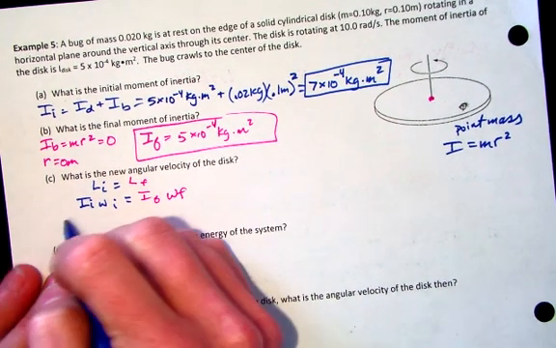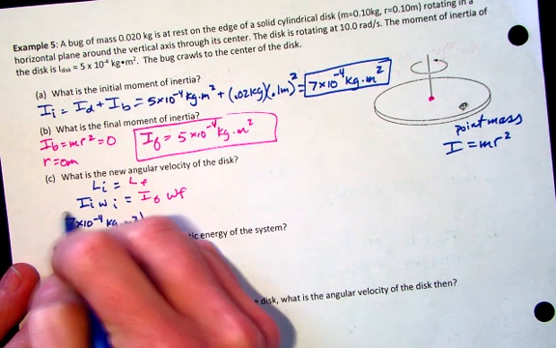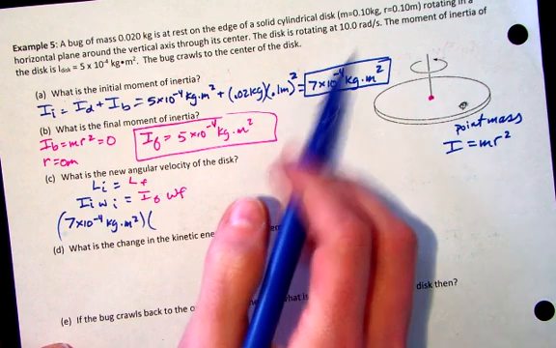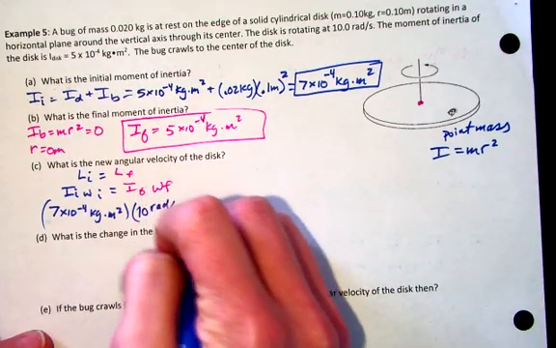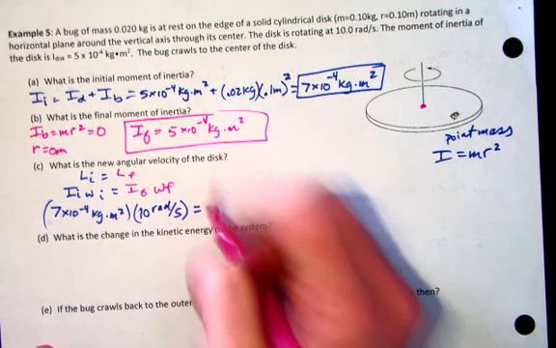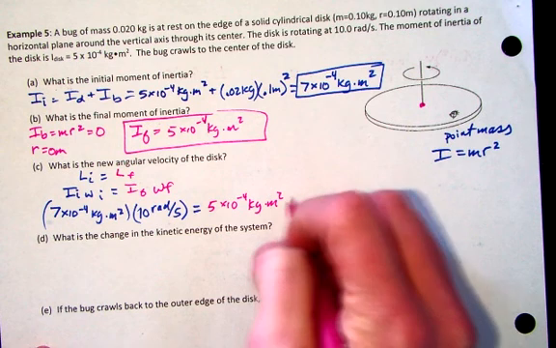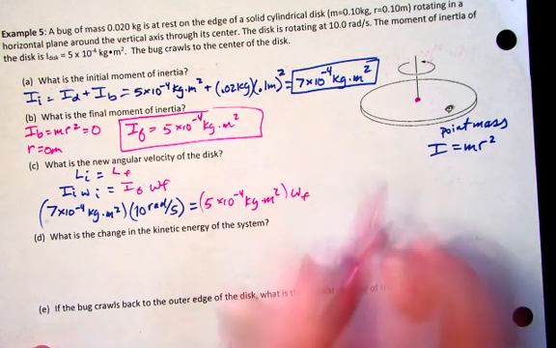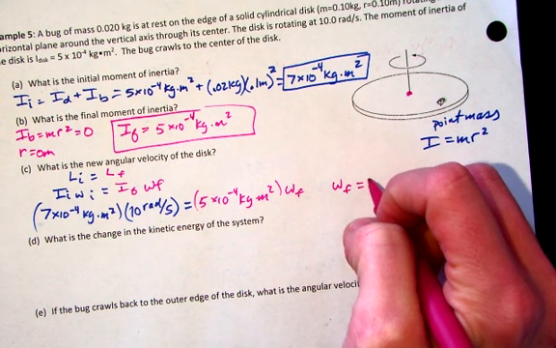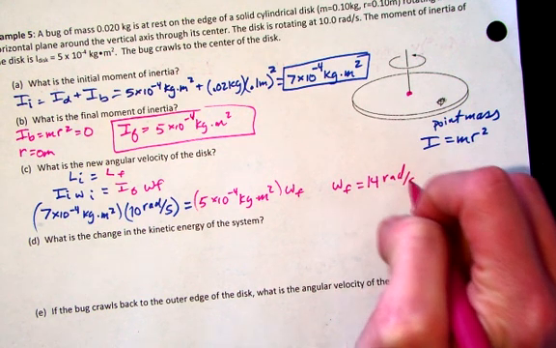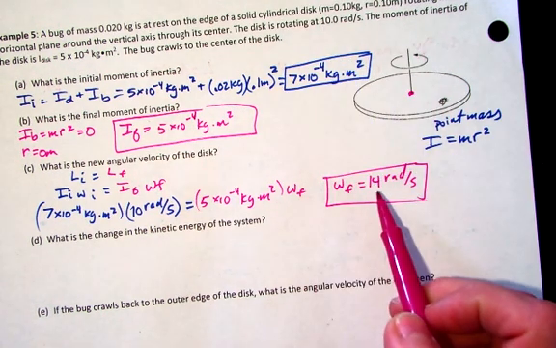The initial moment of inertia is 7 times 10 to the negative 4th kilograms times meter squared. The initial speed, they tell us, was 10 radians per second. And that equals 5 times 10 to the negative 4th kilograms times meter squared times the final angular velocity. So all we need to do here is divide, and it turns out that that final angular velocity is 14 radians per second. And that's great to see since we started at 10 and we knew that it should be increasing.